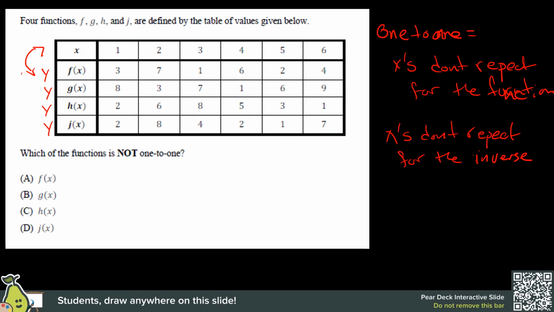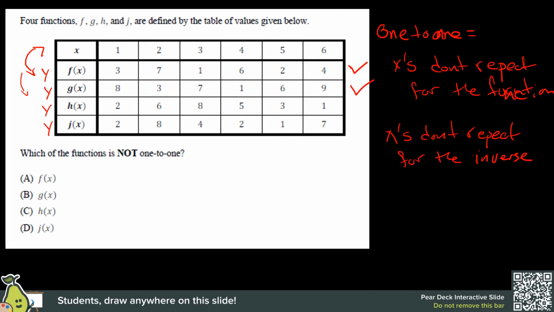For g, if I check g, 8, 3, 7, 1, 6, and 9. Nothing seems to be repeating there as well. So that is also 1 to 1. H here, so I'm going to put a little check mark, not repeating, not repeating.